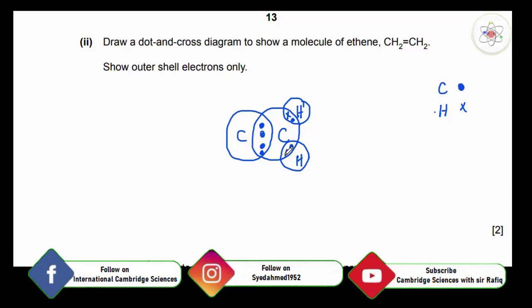So this is how this carbon has completed all 4 electrons, 2 bonded with the neighbor carbon and 2 individually with hydrogen atoms, right? A similar case will be here. So this is how we can easily complete the dot and cross diagram of an ethene molecule.